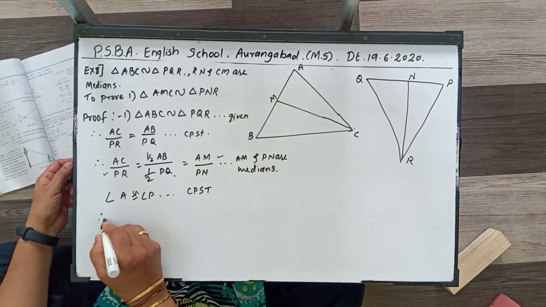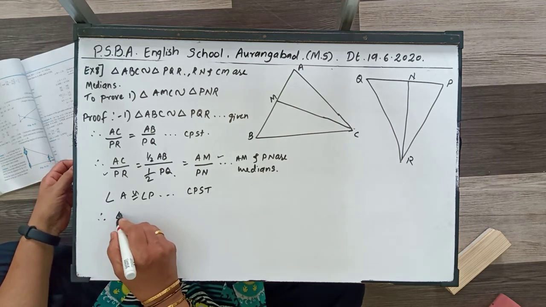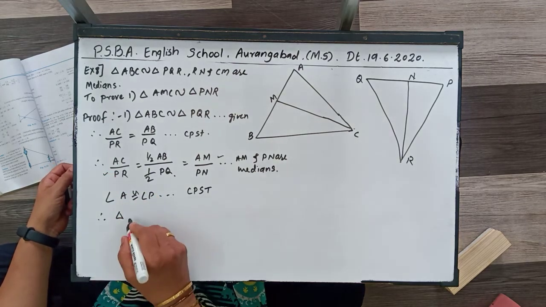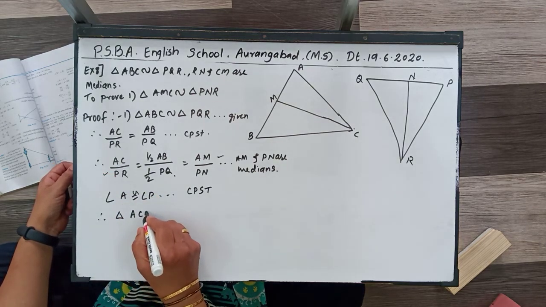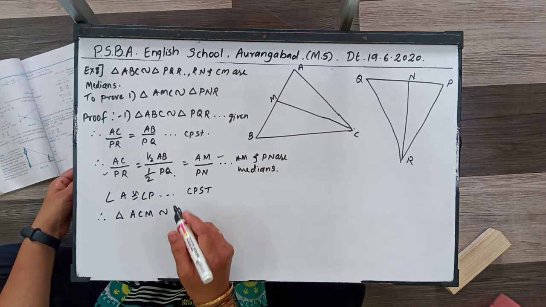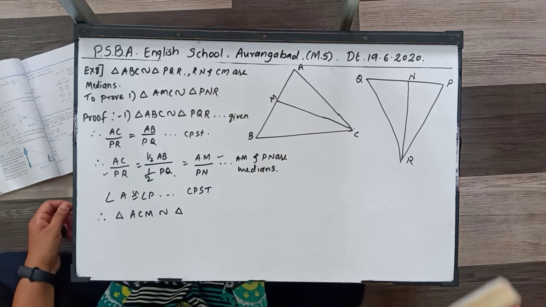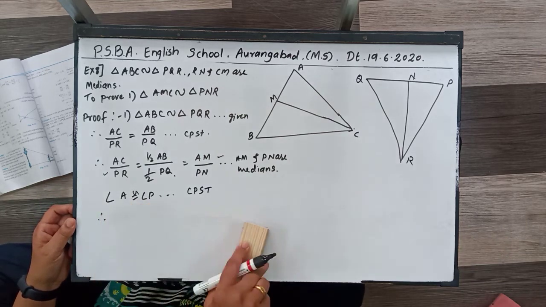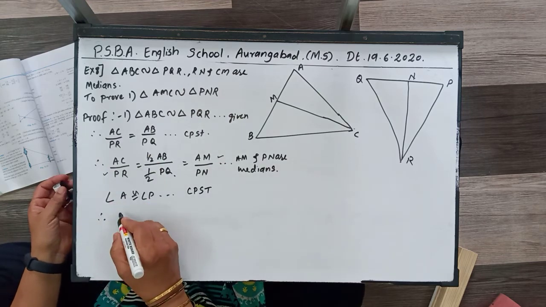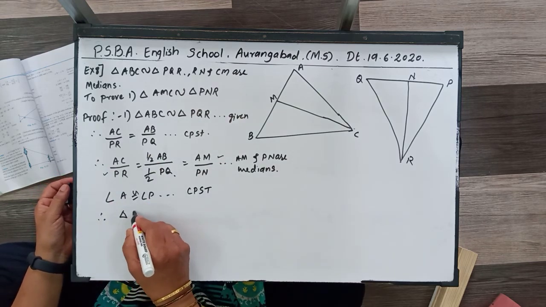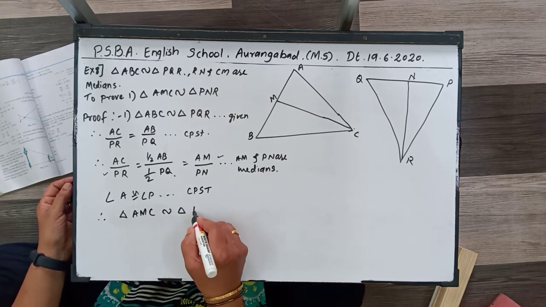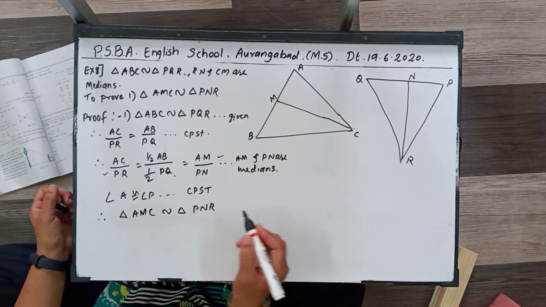Now from this, therefore triangle ACM is similar with triangle, now we want, here correspondence is given, so same correspondence, don't use the brains. Therefore, triangle AMC is similar with triangle PNR. Now you can recheck.